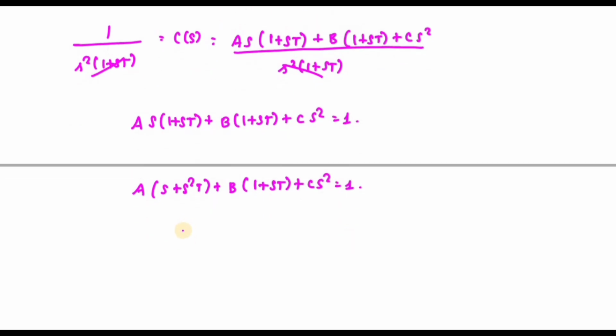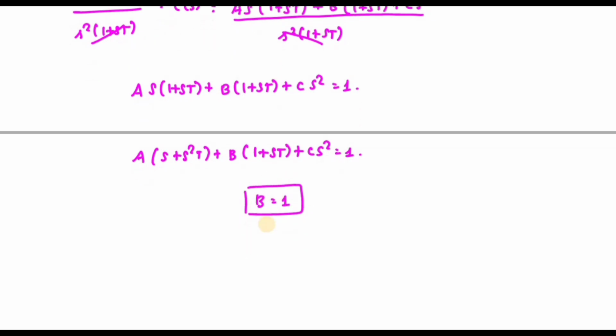Bring this s inside: A s plus A s square T plus B (1 + sT) plus C s square is equal to 1. If we equate the constant term, we get B is equal to 1. And if I equate the s square term, I will get AT plus C is equal to 0.